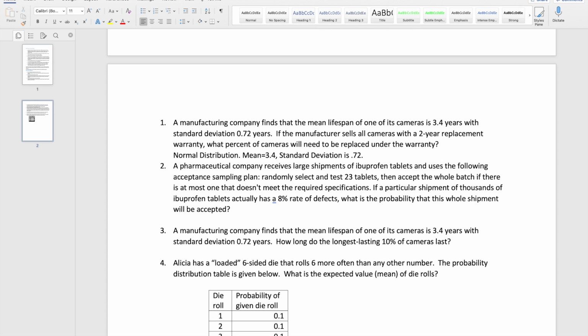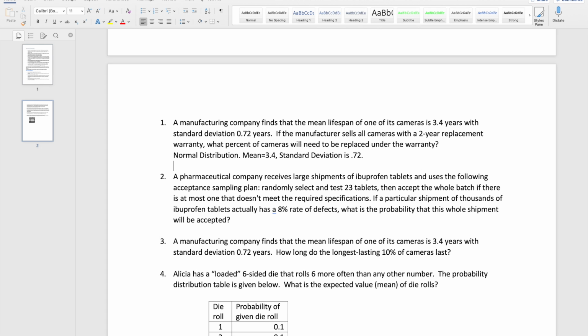Now, what I will use in my calculator is the normal CDF function. They want to know the percentage of cameras that will need to be replaced within the first 2 years of the warranty.